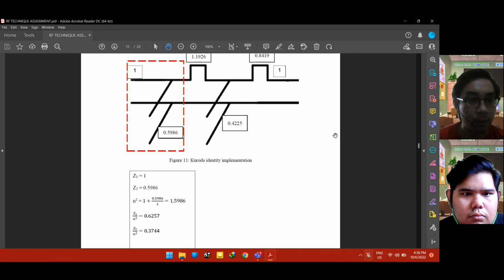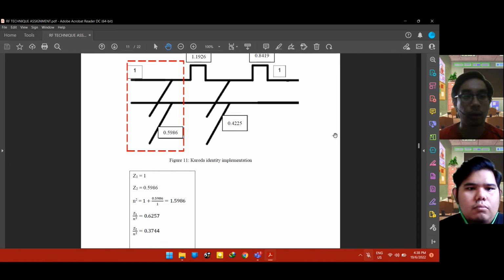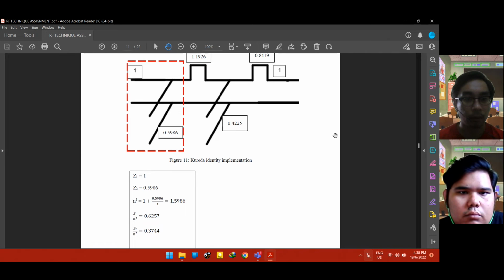I get the answer 1.5986, and Z1 divided by n squared is 0.6257, followed by Z2 divided by n squared. I will get 0.3744. Okay.